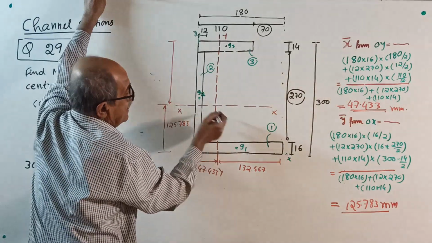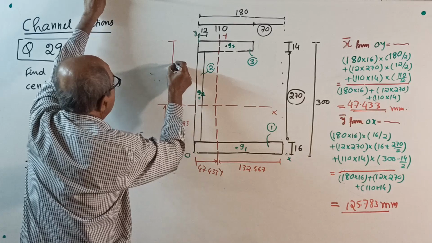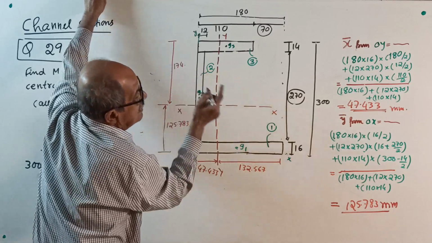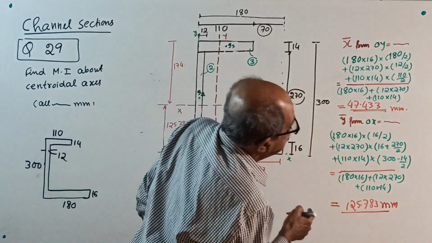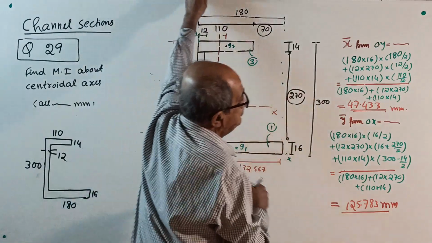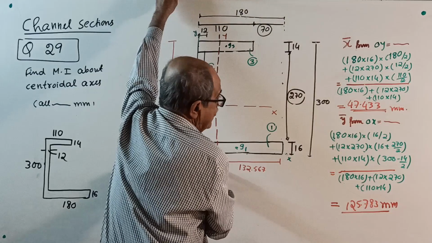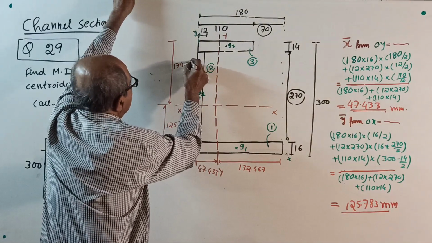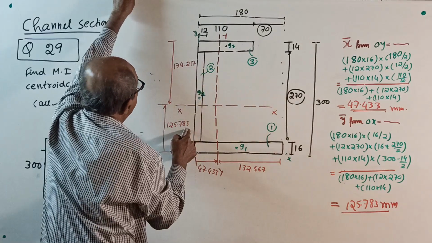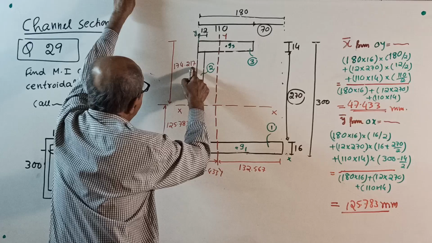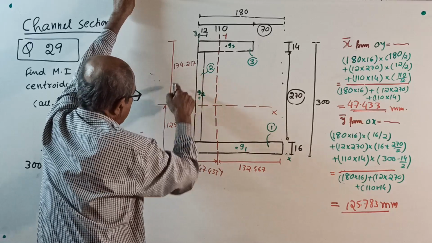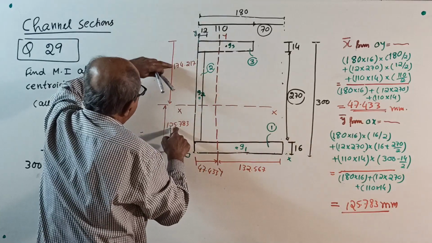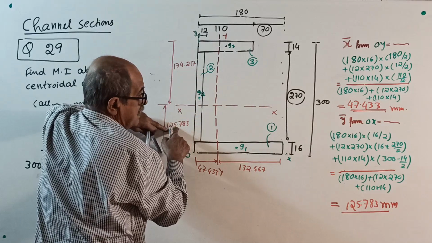Total 300, subtract, I noted it down, 174.216. 216 is not possible. If it is 783, it is 217. 217, correct?